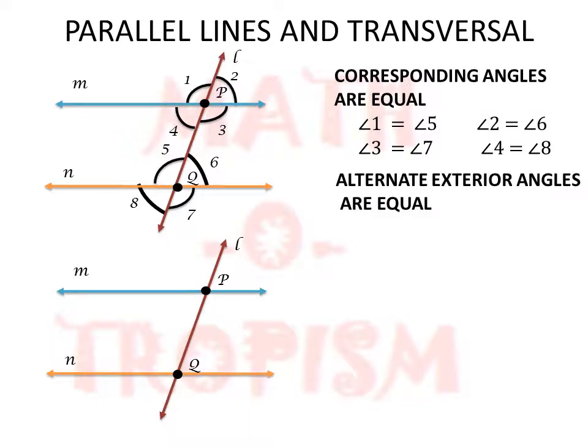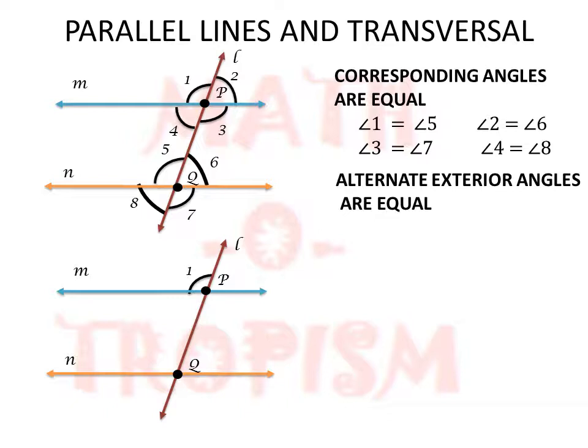Next, alternate exterior angles. Here also, if the lines are parallel lines, then both of them will be equal. So when we talk about the exterior angle 1, which is alternate to 1, near the line N there are 2 exterior angles, which are 8 and 7.